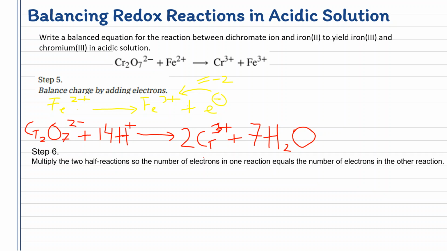So no charge. This Cr here has 3 plus, but this 3 plus is affected by this 2. So 2 times 3 is 6. So this Cr on this side has plus 6. Only this Cr has plus 6.